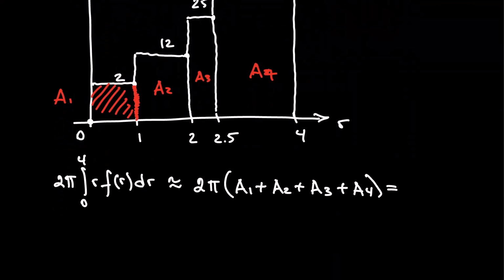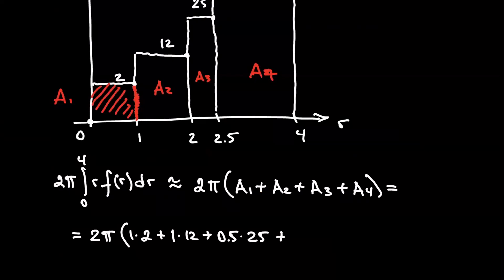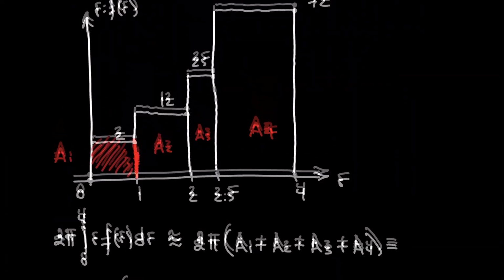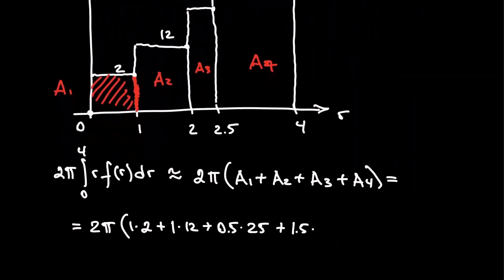And so this is equal to 2 pi times: for the first rectangle, base is 1 times the height is 2, plus for the second rectangle, base is 1, the height is 12, plus for the third rectangle, the base is 0.5 and the height is 25. And for the last one, the base is 1.5 and the height is, I believe, 72. Yes, 72.